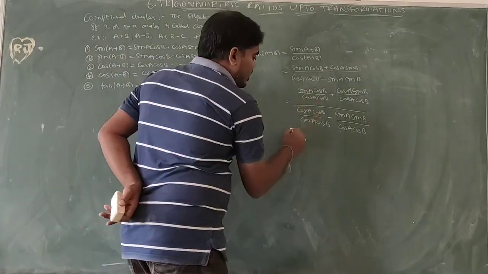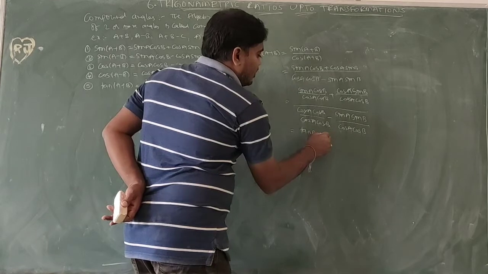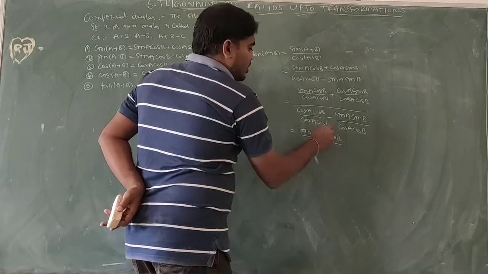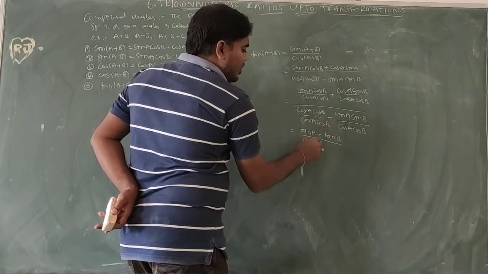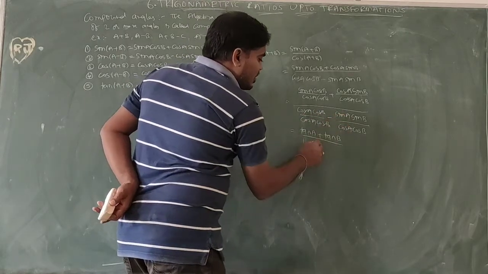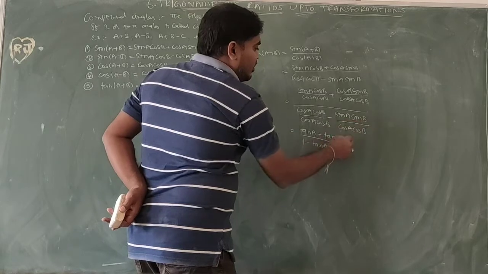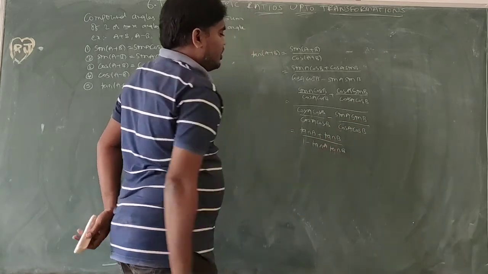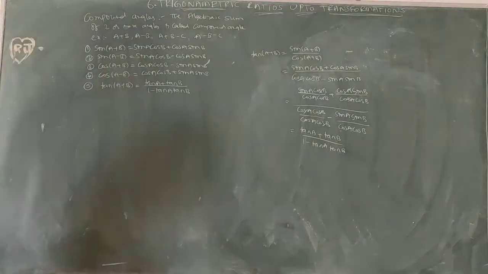We get sin A by cos A, which is tan A, plus sin B by cos B, which is tan B, by 1 minus tan A tan B. This is the formula: tan A plus tan B by 1 minus tan A tan B.